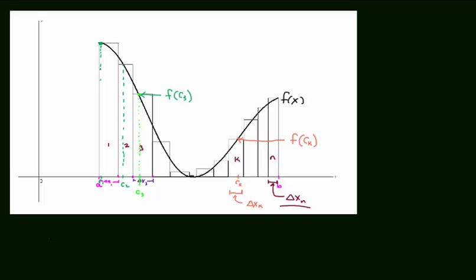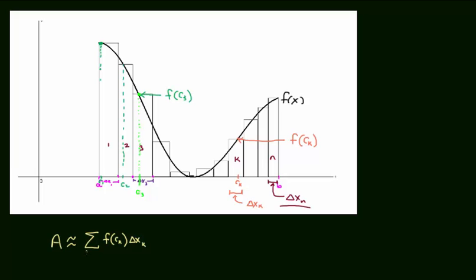If I were approximating the area bounded between the graph of f and the x-axis, I could use these rectangles to come up with an approximation. I could say that the area is approximately the sum of the rectangles, where each rectangle is base times height, the height being f of c sub k, and the width would be change in x of the kth interval.